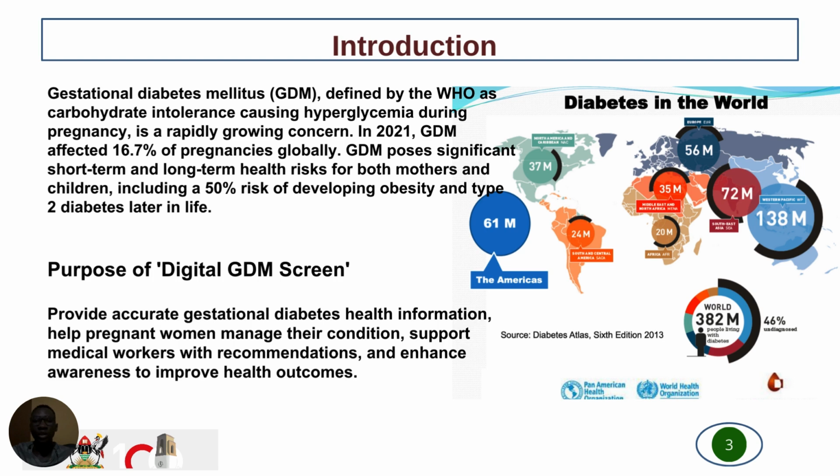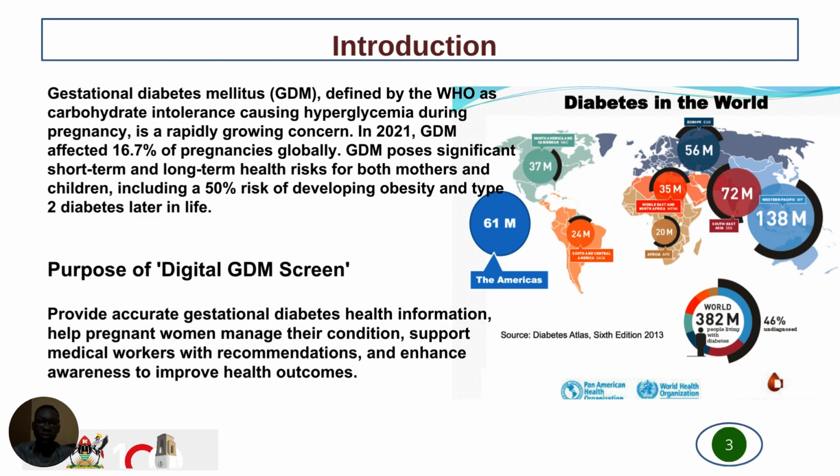In 2021, gestational diabetes mellitus affected 16.7% of pregnancies globally. It poses significant short-term and long-term health risks for both mothers and children, including a 50% risk of developing obesity and type 2 diabetes later in life.